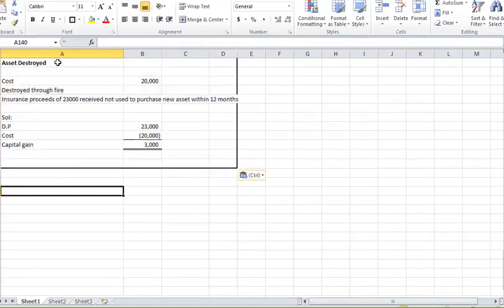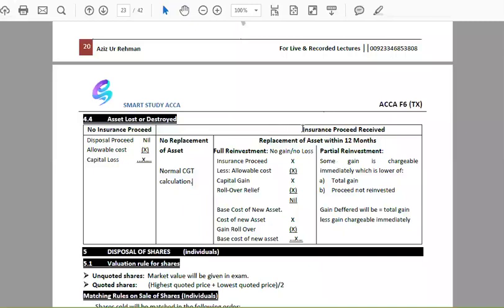Next one. Now, let's move towards the next case. Insurance proceeds have been received. We have received money from the insurance company, and there is replacement of the asset within 12 months. So the asset has been destroyed in fire, we have received money from the insurance company, and we have used the money to purchase a new asset within 12 months.